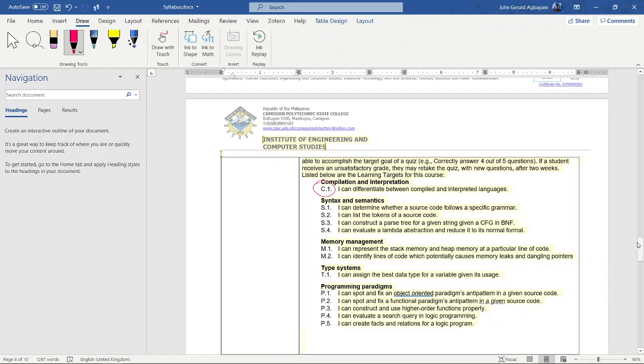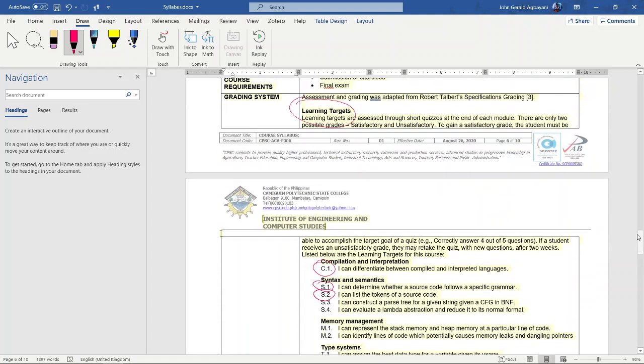Then, for Module 2, there is no quiz. For Module 3, it's S.1. And then for Module 4, the learning target is S.2. So, the quizzes at the end of each module are related to a certain learning target. And then, the scoring is pass or fail.